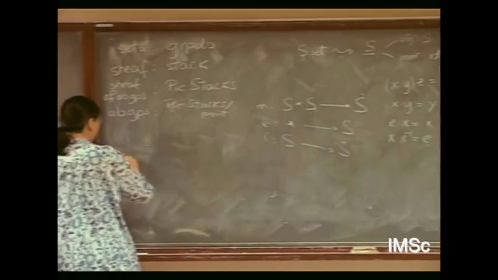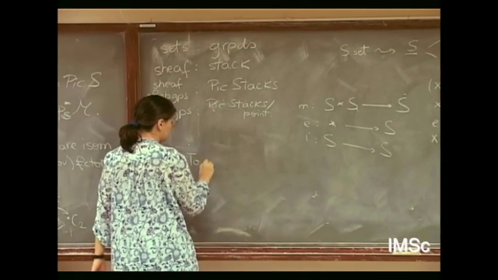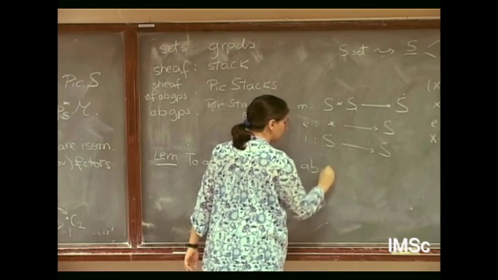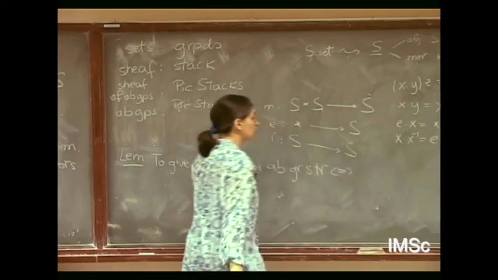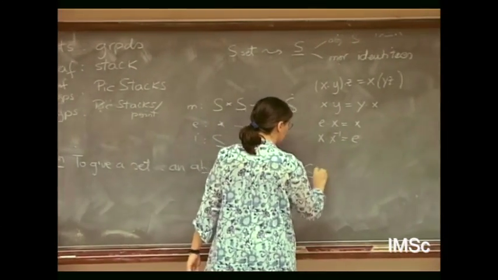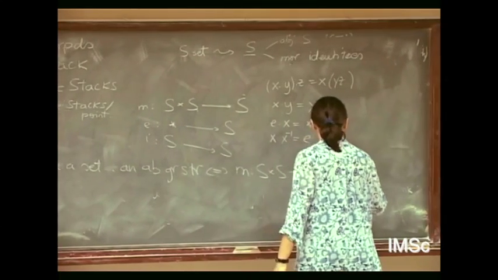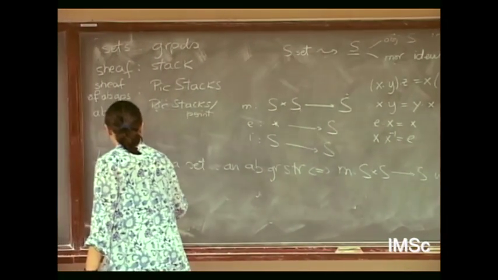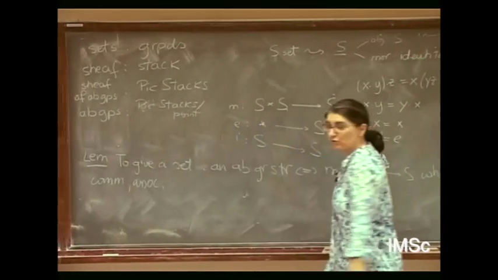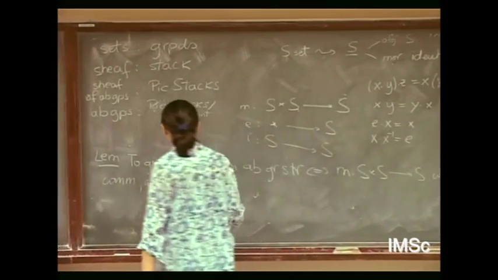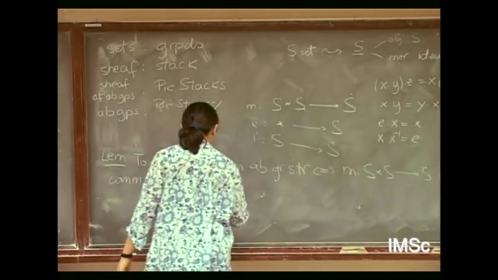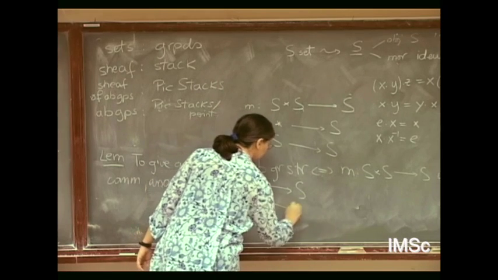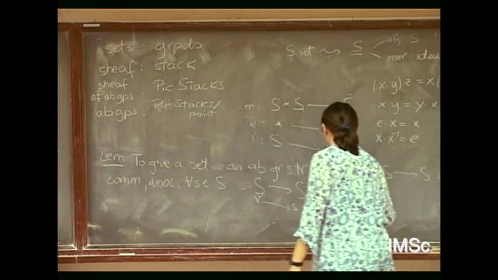The nasty trick is the following lemma: to give a set S an abelian group structure is equivalent to giving a multiplication which is commutative, associative, so you still get the first 2, and then there comes the nasty trick, and for every s in S, the multiplication with s is a bijection.